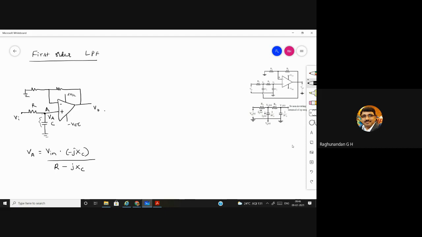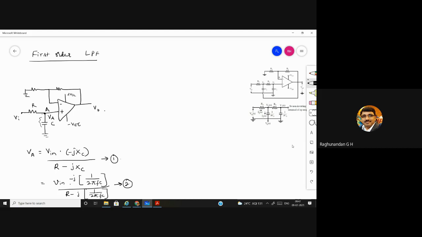This is the first step, which gives the impedance of the capacitor. Now we substitute for XC: Vin into minus j times 1 by 2 pi FC, divided by R minus j times 1 by 2 pi FC. Take this as equation number 2.